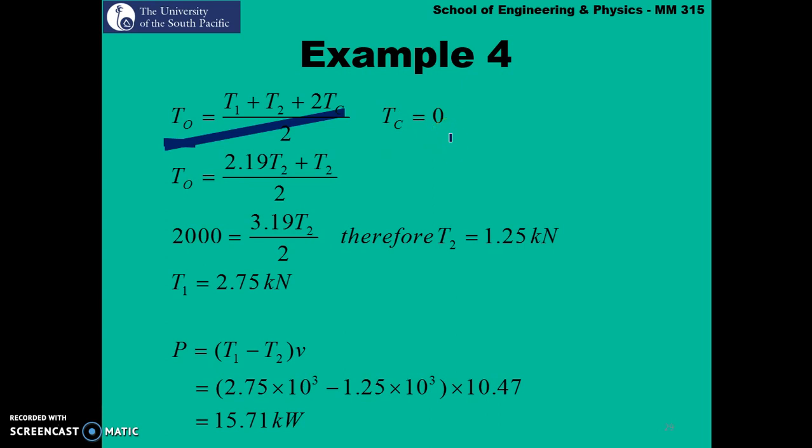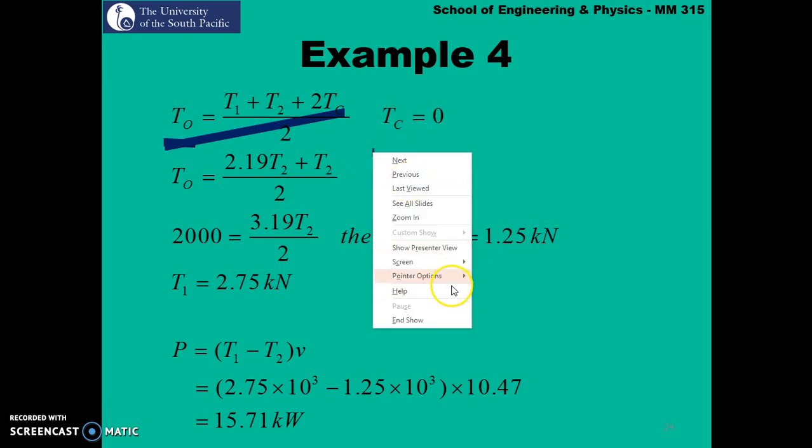However, in some problems it would mention that centrifugal tension needs to be accounted for. The density of the belt would be given for you to calculate the mass, and then based on the velocity you can calculate your centrifugal tension. But in this case it does not mention anything about it, so we say that TC is equal to 0.